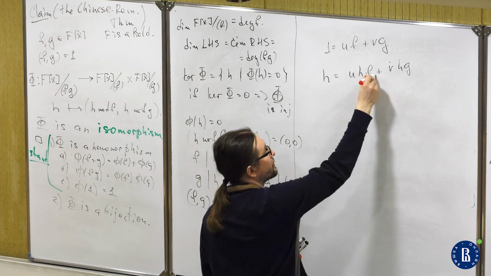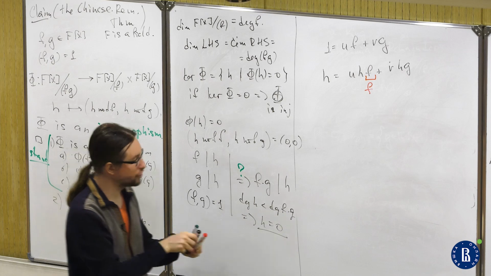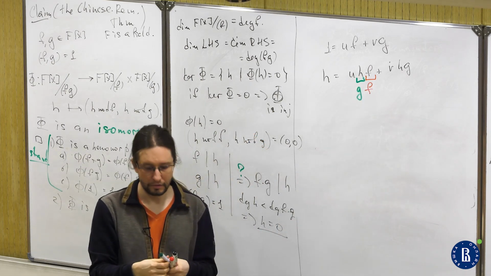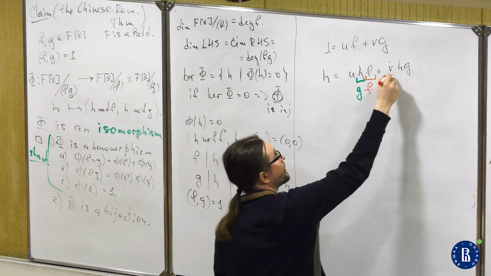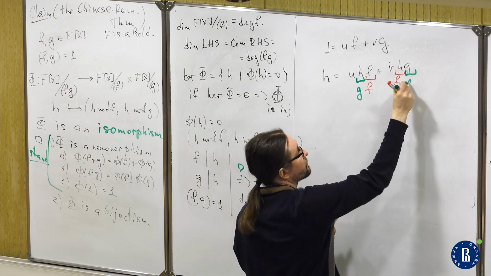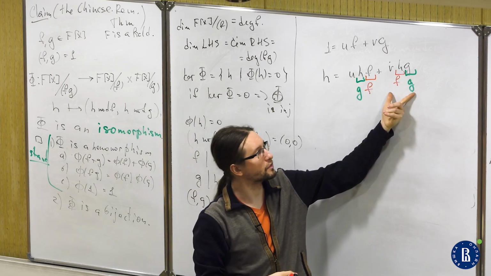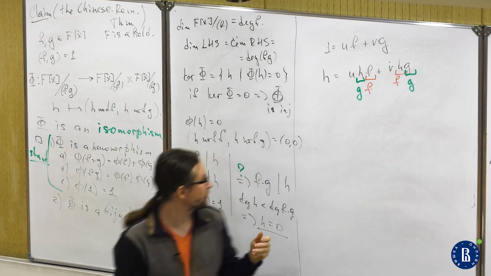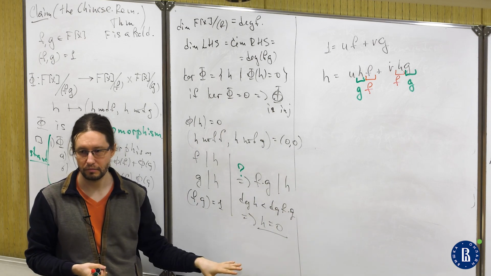This thing is divisible by f, and since g divides h, this thing is divisible by g. Vice versa, since f divides h, this thing is divisible by f, and this thing is divisible by g. So this is divisible by the product, this is divisible by the product, the sum is divisible by the product, so h is divisible by the product. Exactly what's written here. So that's why this is true.